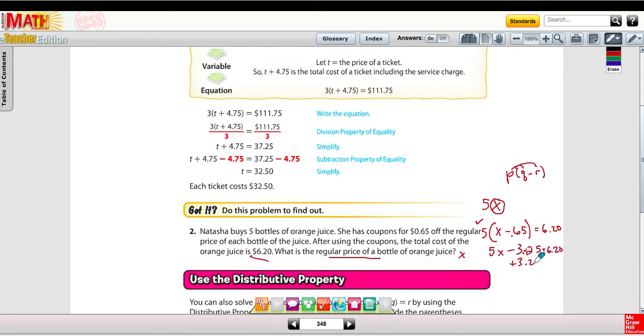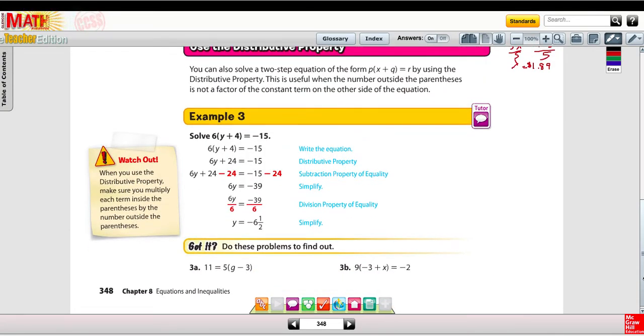And I'm going to add $3.25 to both sides and get 5x equals $9.45. And so divide by 5 on both sides, and we get x is equal to $1.89. Well, let's check that. Yep, $1.89. Okay. All right, let's go down to the bottom of page 348 for example 3.